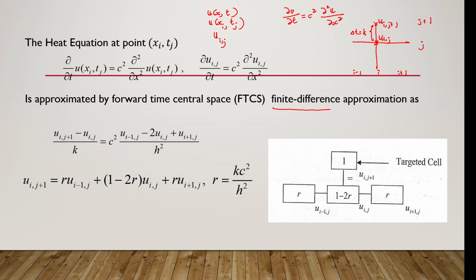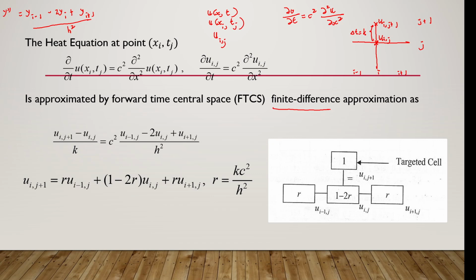Then it equals c² times the differentiation with respect to x. For the second derivative we use 3-point central. Recall the second derivative that you learned in ODE, remember y double prime: (y_{i-1} − 2y_i + y_{i+1})/h². Here, for the second derivative with respect to x, x is discretized using variable i.